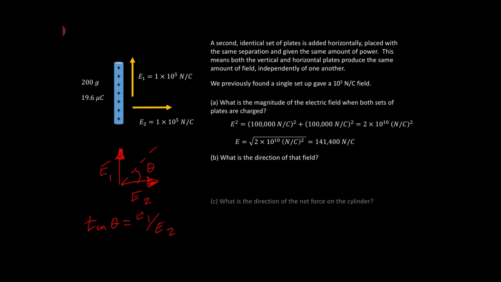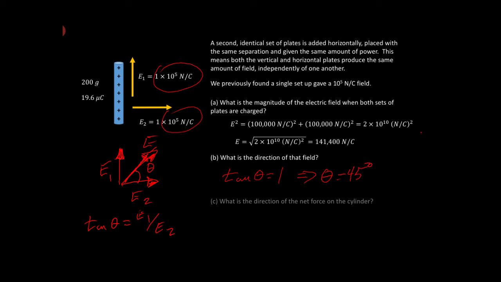That's right, because our resultant E is this guy here. So these are basically the components of E. So for us, the tangent of theta is equal to 10 to the 5th newtons per coulomb over 10 to the 5th newtons per coulomb, which is 1, which means that theta is equal to 45 degrees.